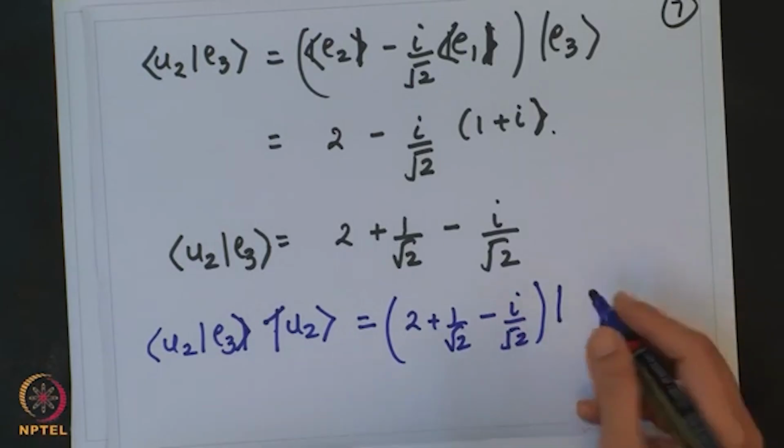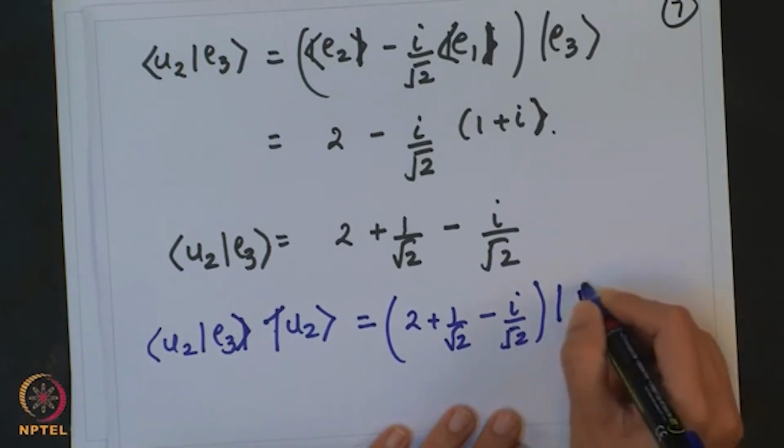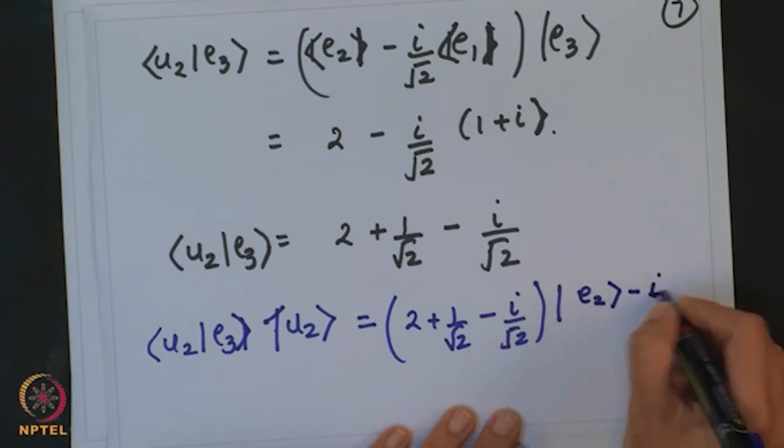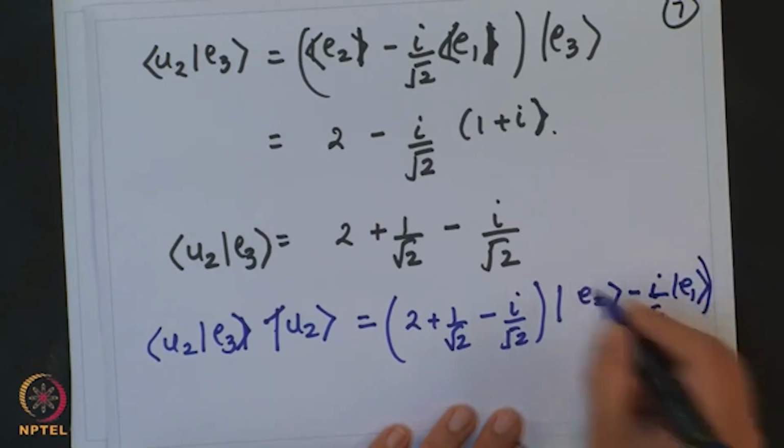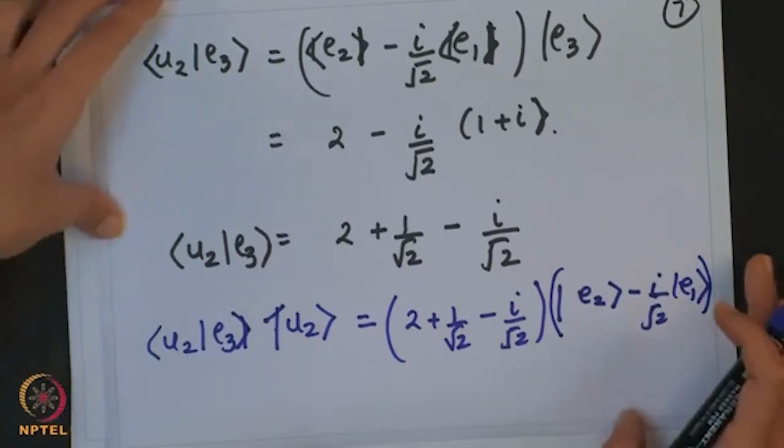U2 was nothing but E2 minus I by root 2 E1. Okay. So, we can keep it as it is here, or we can just substitute it in the end. Mostly it will be good to substitute in the end because it is a lengthy expression.